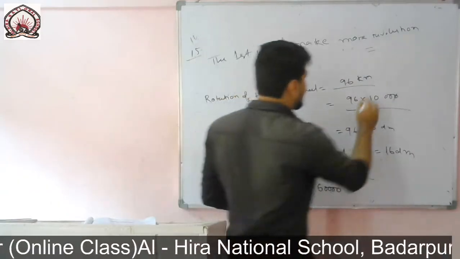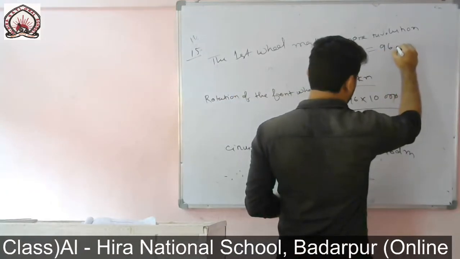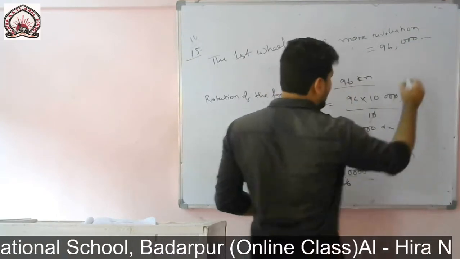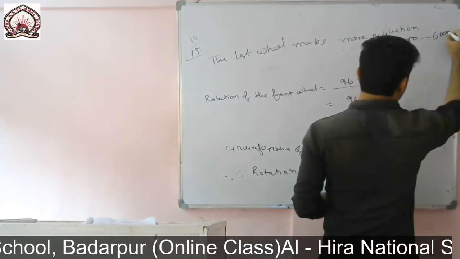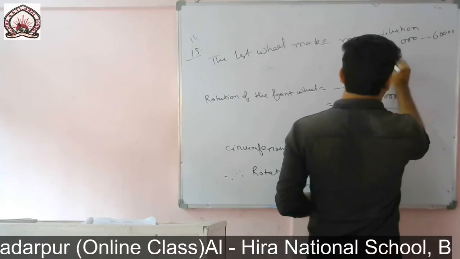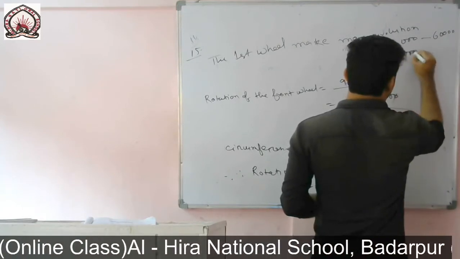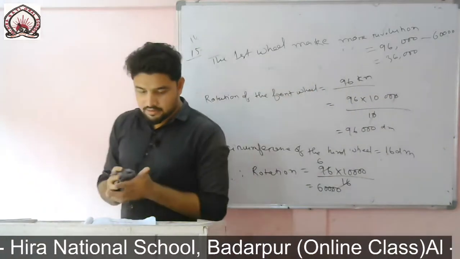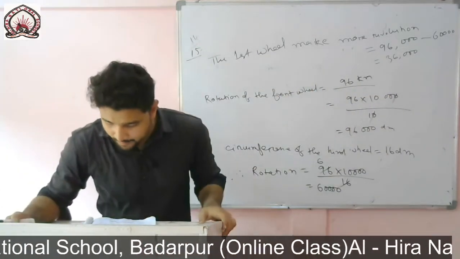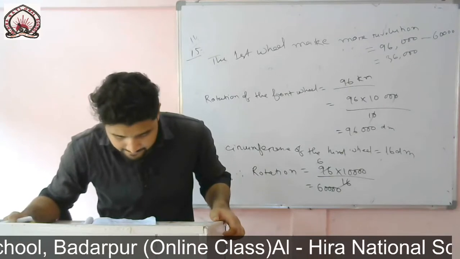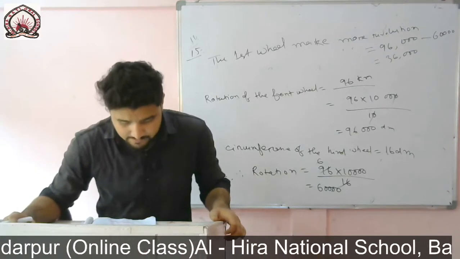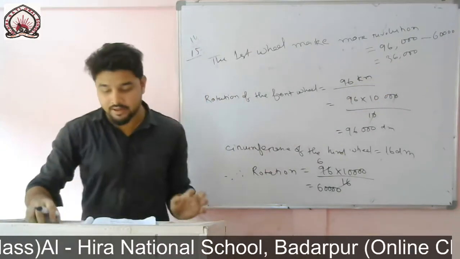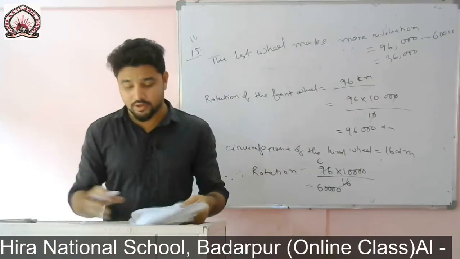If you subtract, you get 96000 minus 60000, okay, then you will get 36000. So it will give 36000 rotations more than the hind wheel, okay.